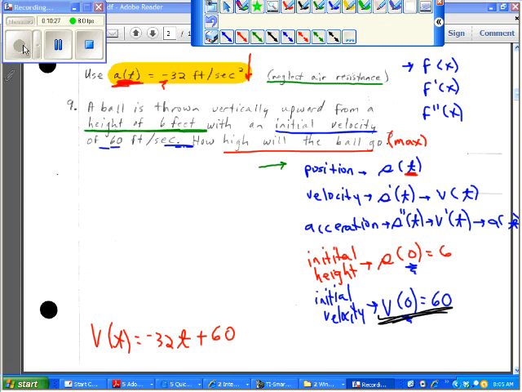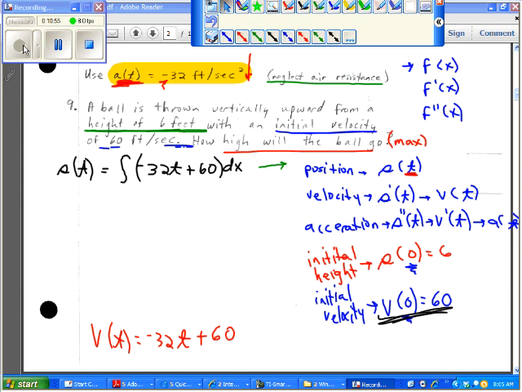So if I want to find s of t, the position function, it will be the integral of the velocity function dt.